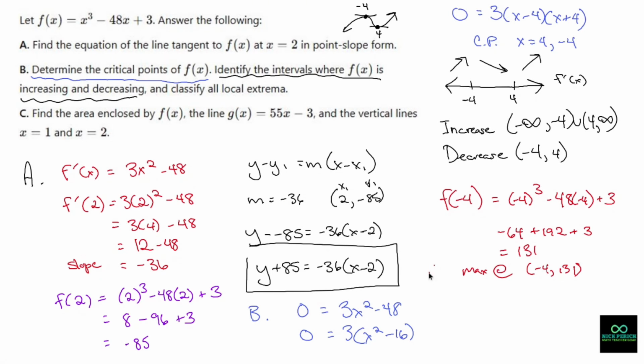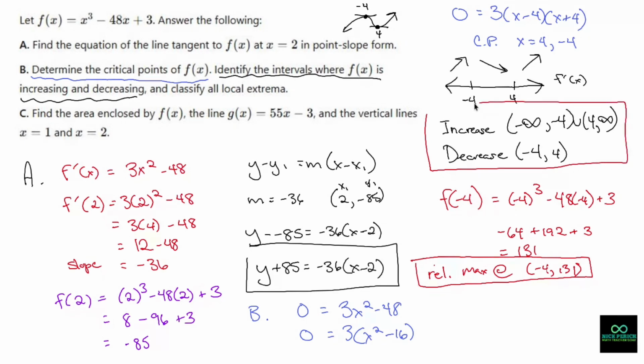You know what they call it? They prefer relative in calculus. So you have a relative maximum at that point right there. Okay, circling all of the answers that I came up with so far. All right, so I have a relative maximum at negative 4, 131. To find my minimum, I'm going to do the same thing but plug in regular 4.